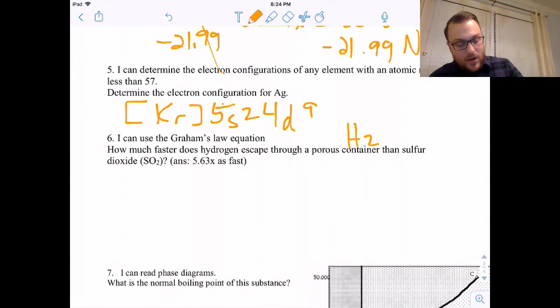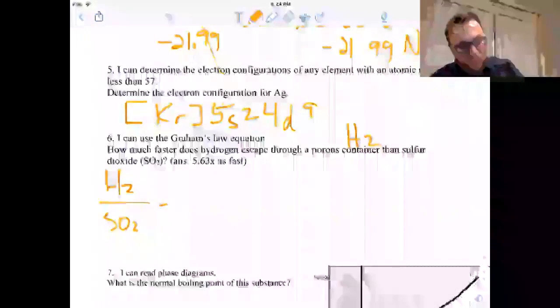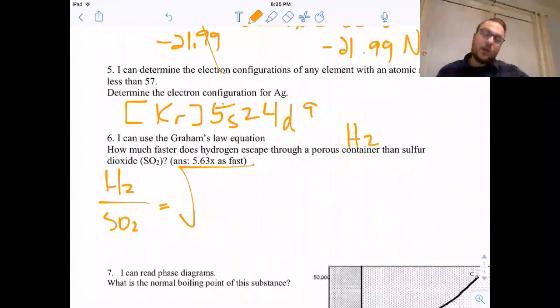Because if you do it the other way around, you'll still get the right answer, but you'll get the answer from the viewpoint of sulfur dioxide, which means you'll be saying how much slower sulfur dioxide is instead of saying how much faster hydrogen is, which is still right, but you might word your answer wrong, and I just want to make sure you play your cards straight.